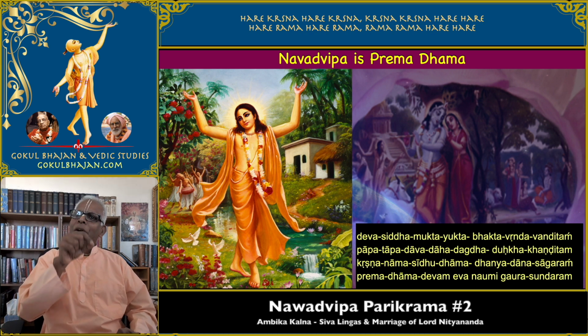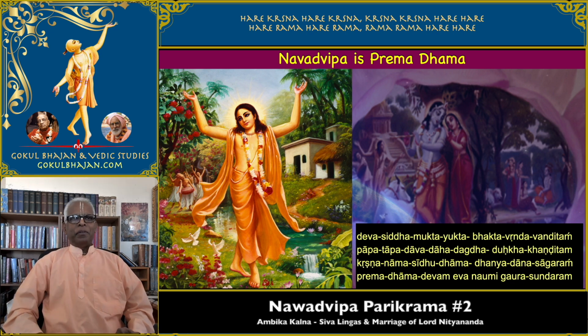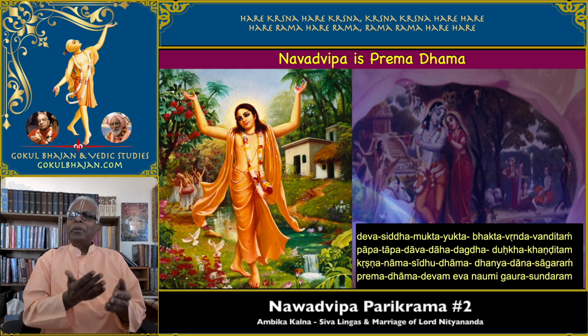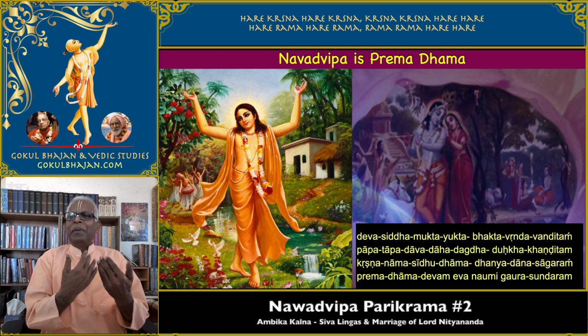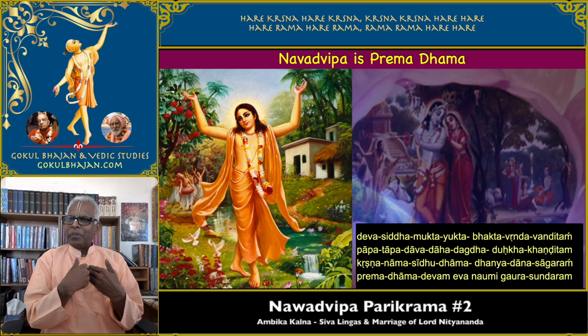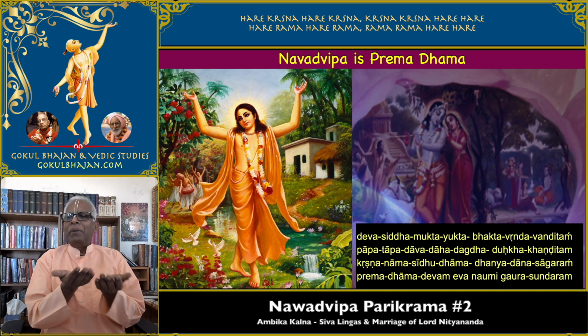So Krishna wanted to taste that Prema of Radharani. So he came to Radharani and he begged, oh Radhe, I cannot taste the way you taste with your prema, please, I beg you.